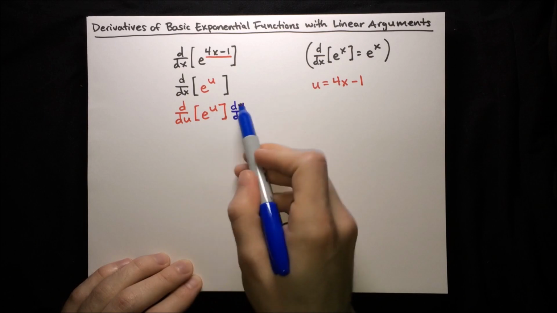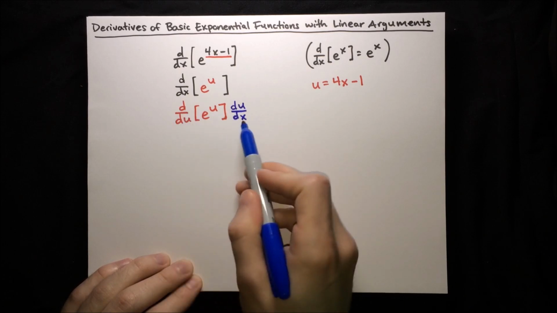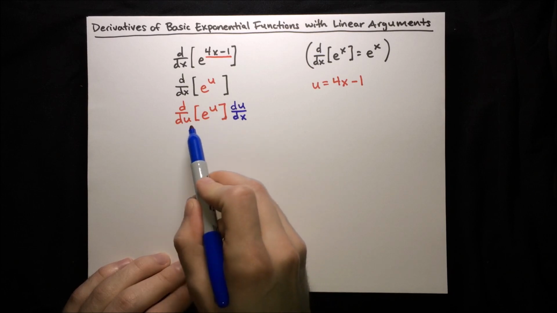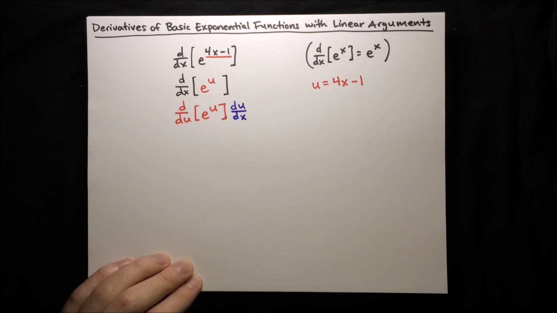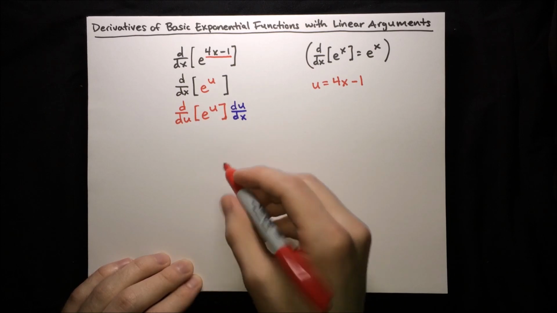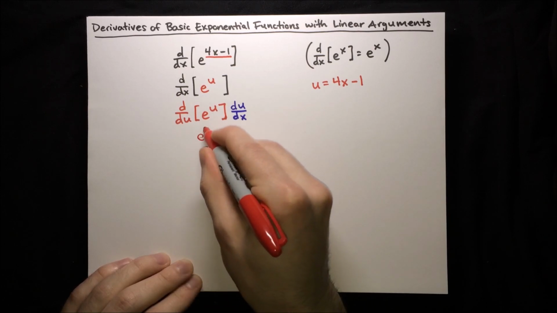It's kind of like the du's cancel out and we just have d over dx. So we have an equivalent expression, but now we can go ahead and take the derivative here with respect to u. And d over du of e to the u, we already know that's just e to the u.